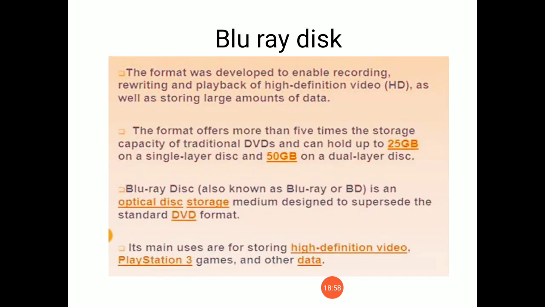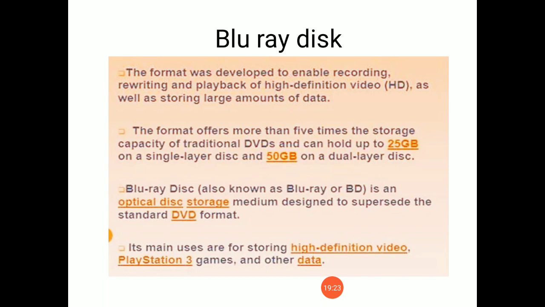So the next optical memory that I'll be discussing is the Blu-ray disc. The capacity of this disc is 25 GB for a single layer and 50 GB for a double layer disc.